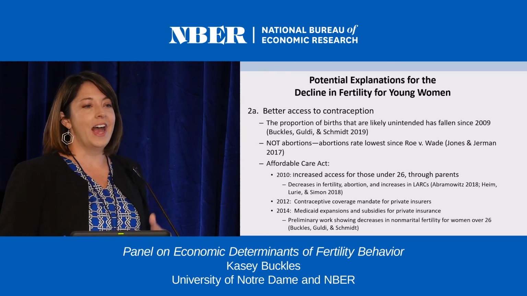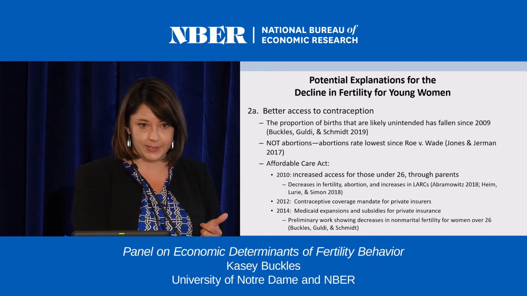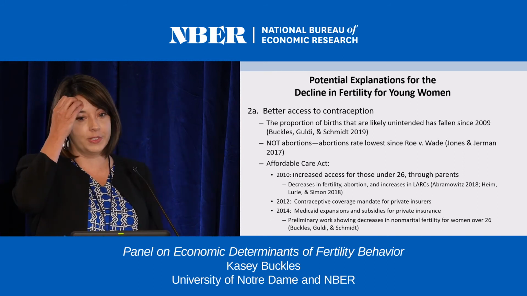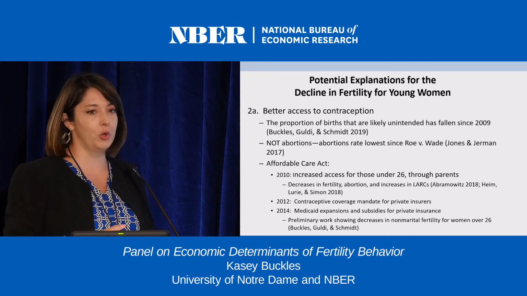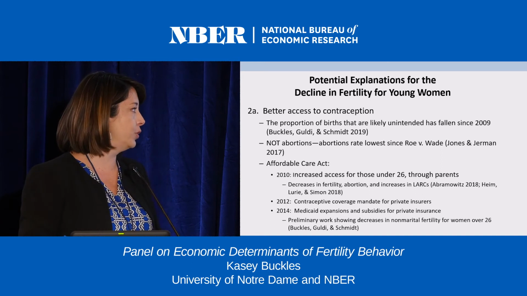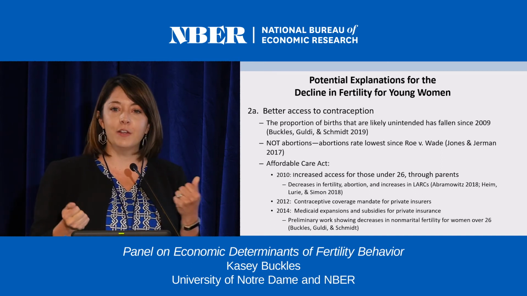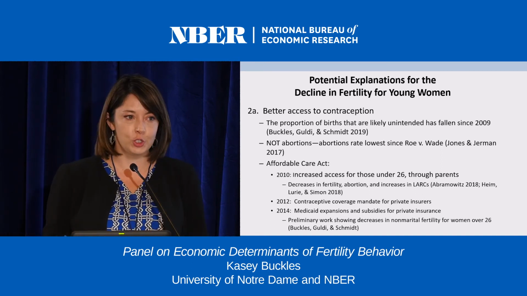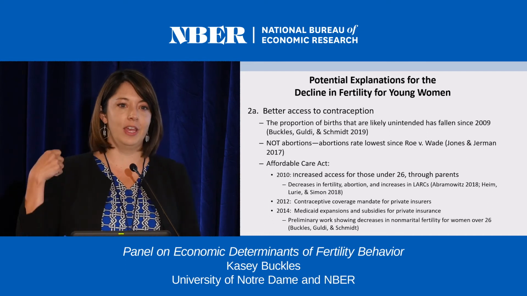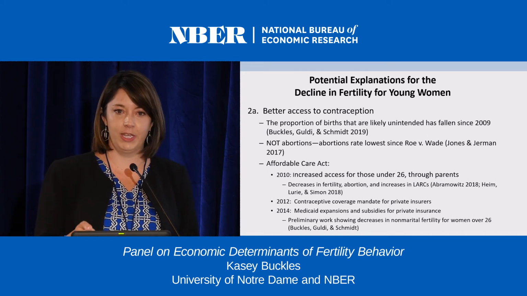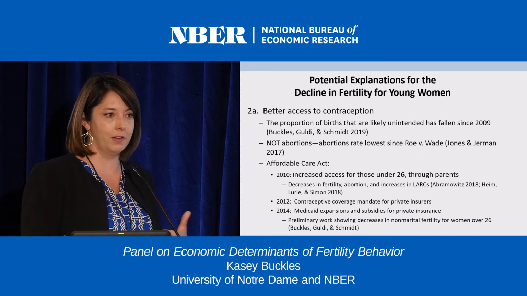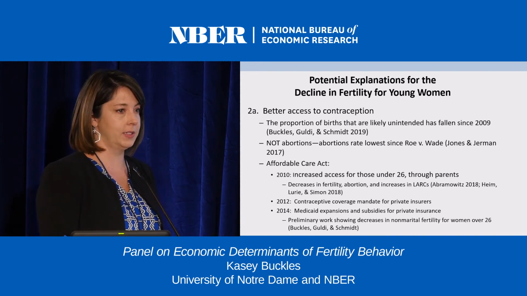Now, the timing is not exactly right. We see this decline in 2007, and the Affordable Care Act's first provisions don't come in until 2010. But I think of this as maybe a one-two punch. The Great Recession lowers fertility rates as we would normally expect, and just when we might start to come out of it, we get expanded access to contraception.